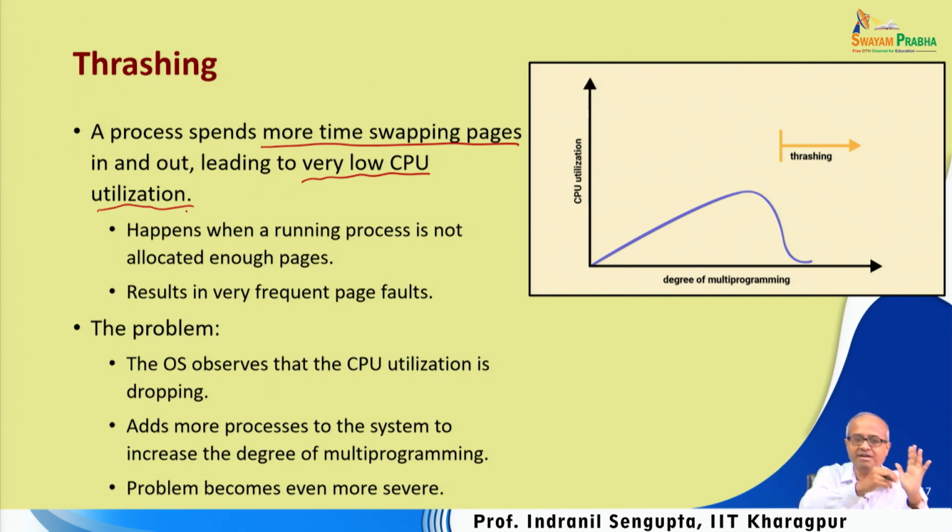I will be bringing it in, I will be replacing another page, that will again be required in the near future. Again there will be a page fault. A large number of page faults will be there. So, this happens when a running process is not being allocated enough number of pages, which will cause very frequent page faults.